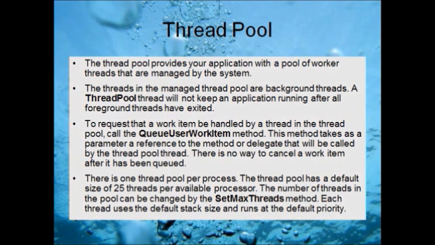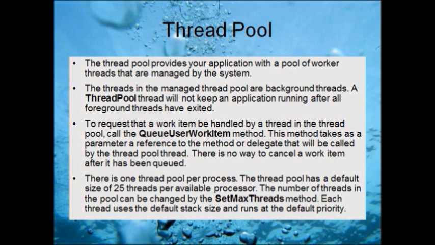Thread pool. The thread pool provides your application with a pool of worker threads that are managed by the system. The threads in the managed thread pool are background threads. A thread pool thread will not keep an application running after all foreground threads have exited.